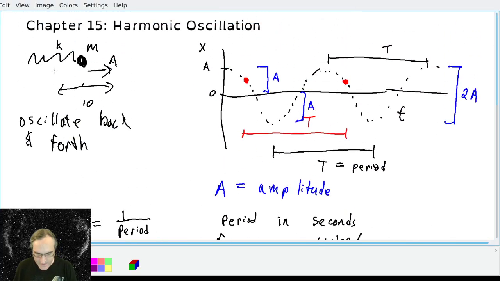So if we come back to this, if I pull the ball out and let it start oscillating back and forth, I can start the clock right when I let go, and that leads to the graph we have here. I could start it as it's passing through zero, headed in the positive direction. That would give a sine function. But I could start my clock, start my camera anytime I want. And based on that start, you might be at a different angle.